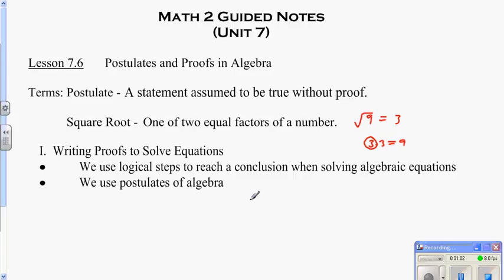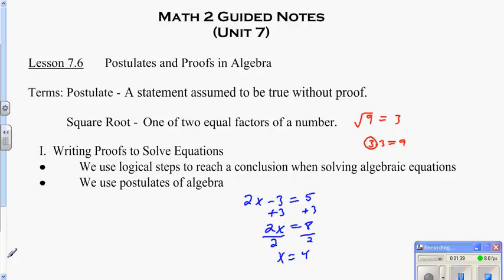For example, if I give you this equation, and I ask you to solve it, I would solve it by adding 3, dividing by 2, and we have an answer. Now, how is that different than an algebraic proof? Well, I didn't write any reasons next to it or justifications for what I did.